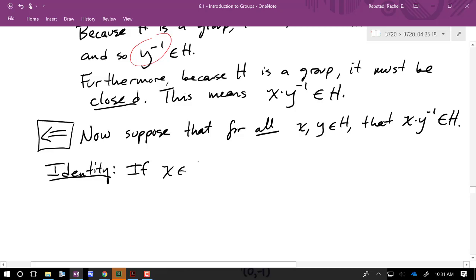Say we have some element X in H. Again, what we get for free is that for all X, Y in H, this is in here. So I'm going to use this fact if my elements are X and X. If my elements are X and X, then X times X inverse is in H. And what is X times X inverse?